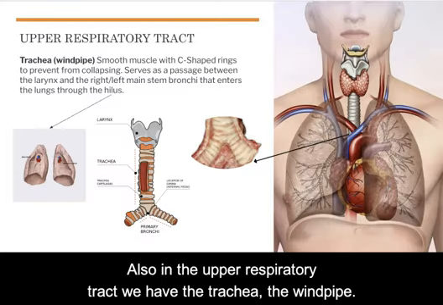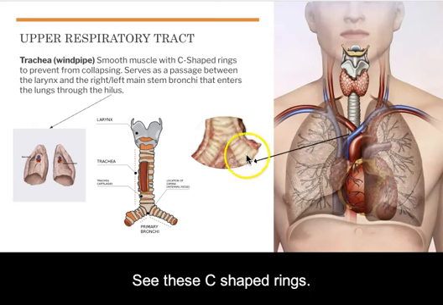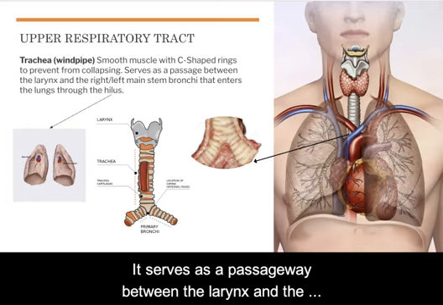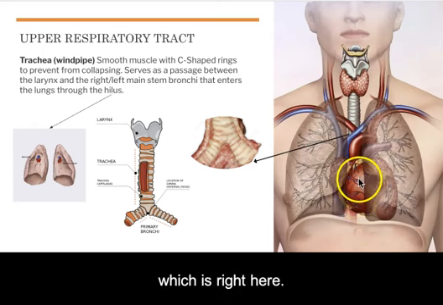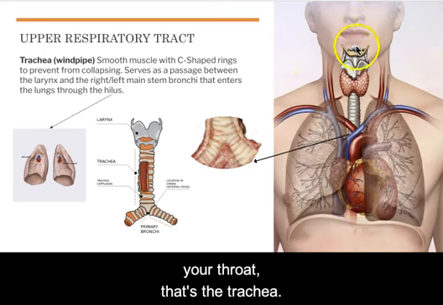Then also in the upper respiratory tract, we have the trachea, the windpipe. This is a smooth muscle with C-shaped rings right here. See these C-shaped rings? This helps to prevent the trachea from collapsing. It serves as a passageway between the larynx and the right and left main stem bronchi, which are right here. As you can see, this connects right here from your throat.